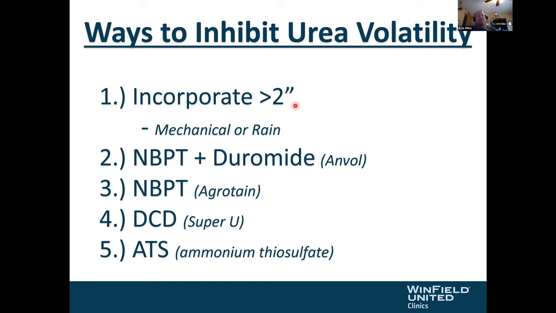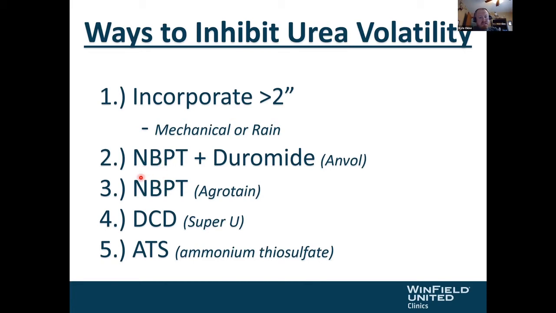But if you're in a dryland situation and you're applying urea, it's going to sit on the surface and you're at the mercy of the weather. In no-till, there are 2 active ingredients you really want to look at.